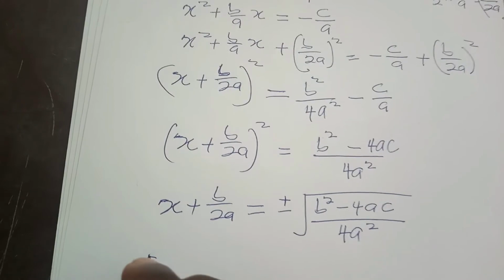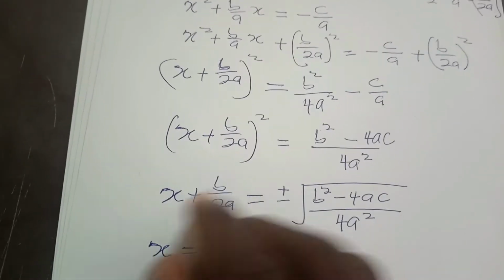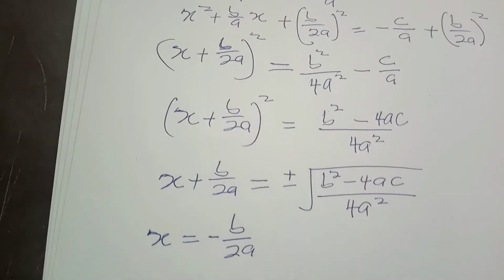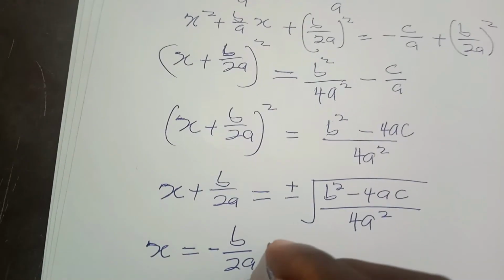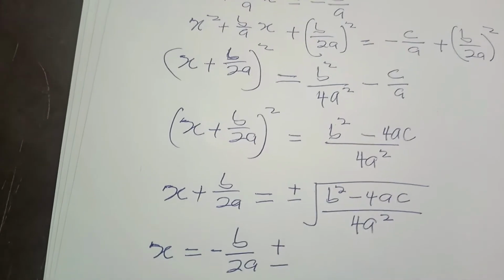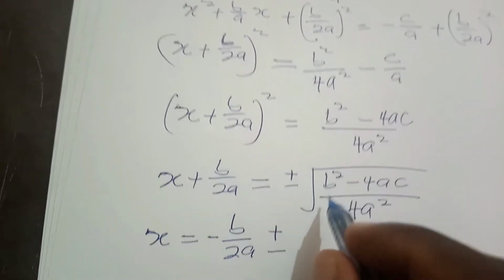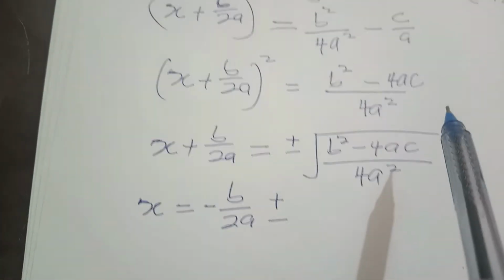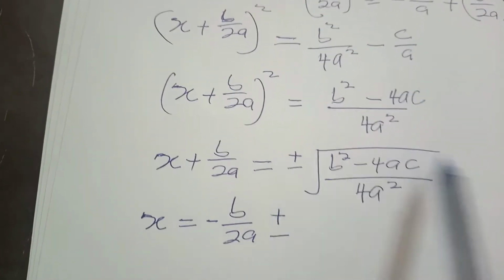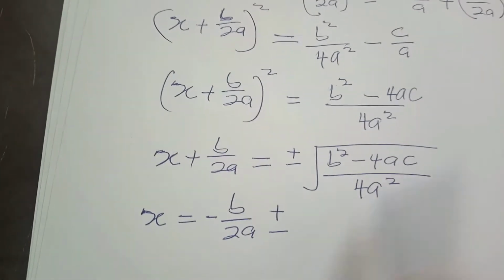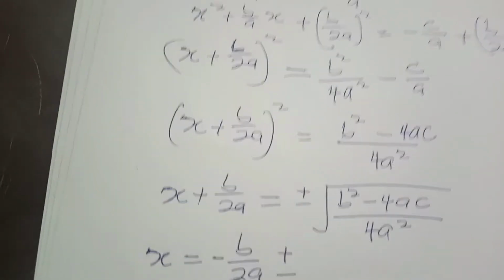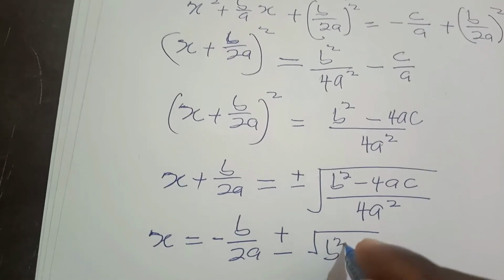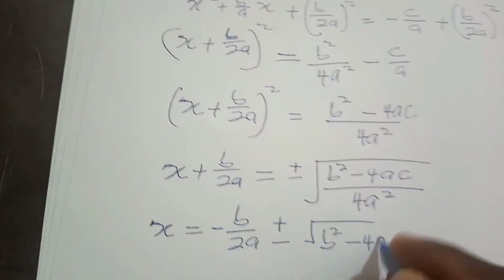So our x becomes negative b over 2a plus or minus the square root of this, which, if you remember our earlier lessons well, is the same as the square root of the numerator over the square root of the denominator. So the square root of the numerator will remain the square root of b squared minus 4ac.